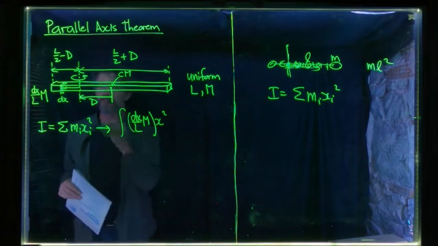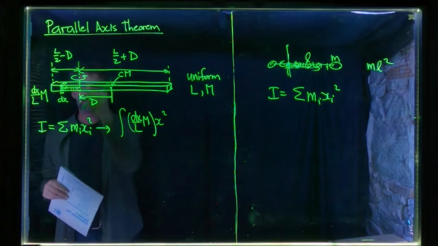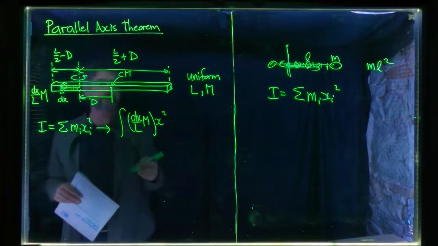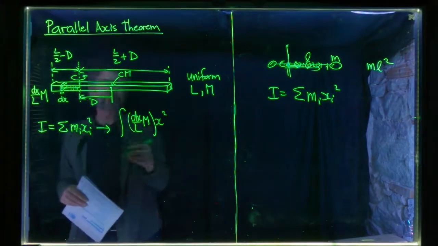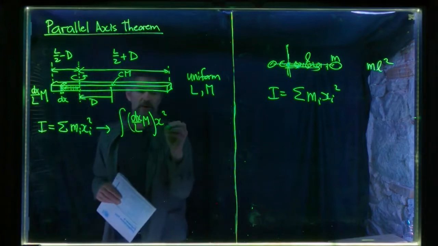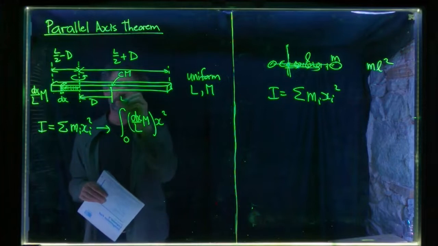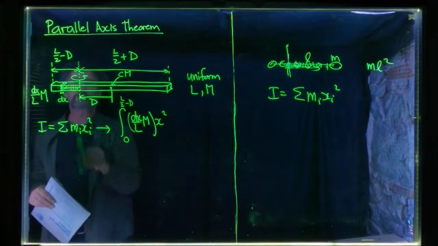We're going to sum over this little mass, this little mass, this little mass, and so on, from x equals 0 all the way up to x equals L over 2 minus d, because the last chunk of mass is a perpendicular distance L over 2 minus d from the axis of rotation. So we're integrating over x from 0 to L over 2 minus d.